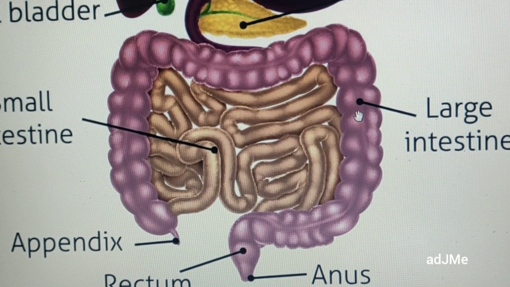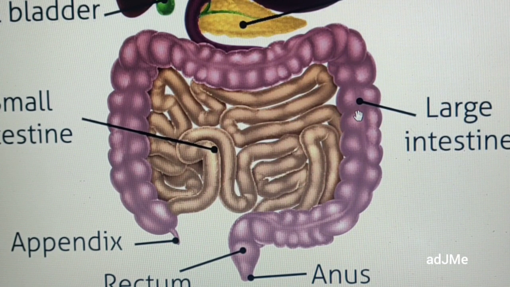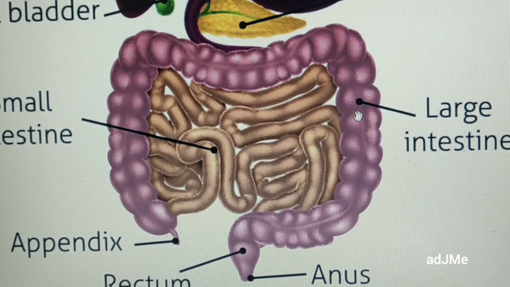In appendicitis, the only way of treating the problem is the surgical removal of the small vermiform appendix from our body.